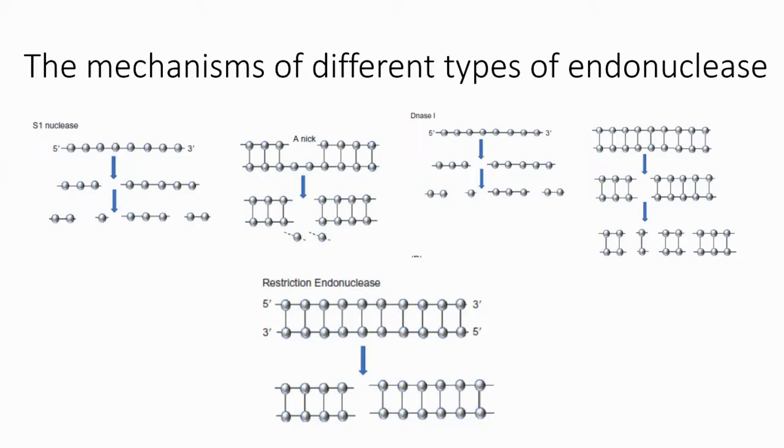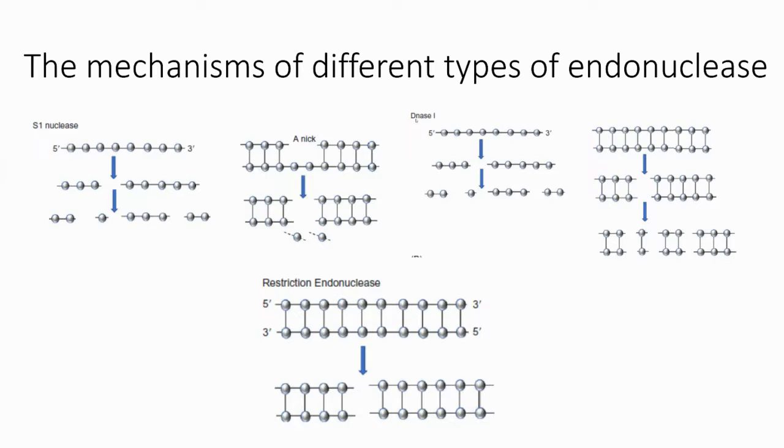As you can see here, the S1 nuclease can only degrade the single-stranded region. If you have a single-stranded DNA region here, then it can be degraded. But the S1 nuclease will not attack the double-stranded DNA region.